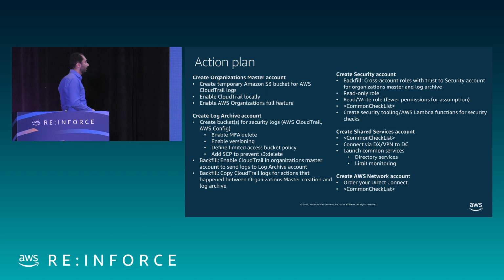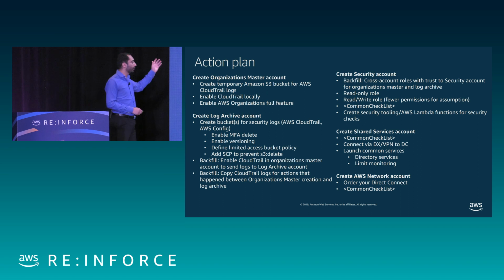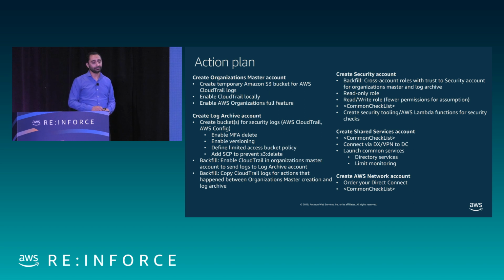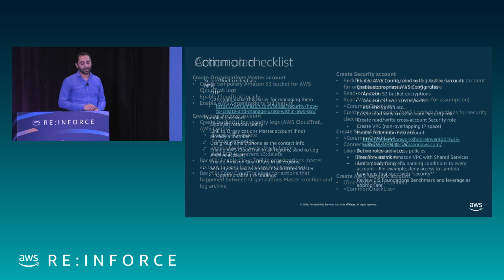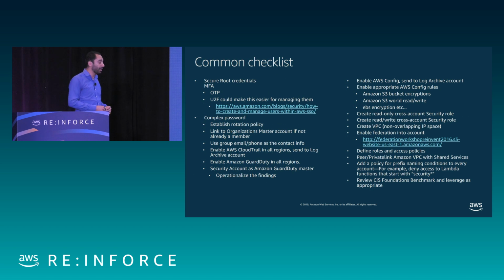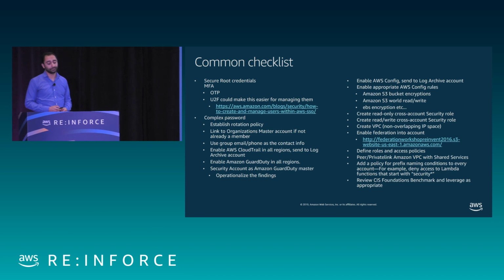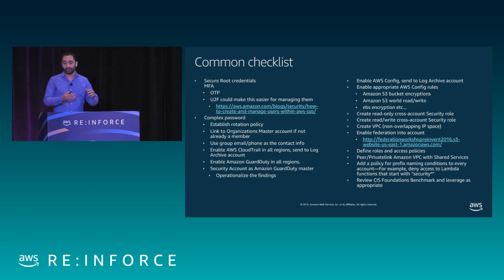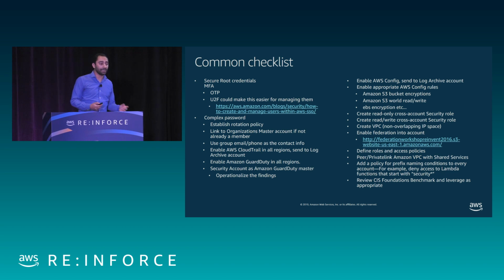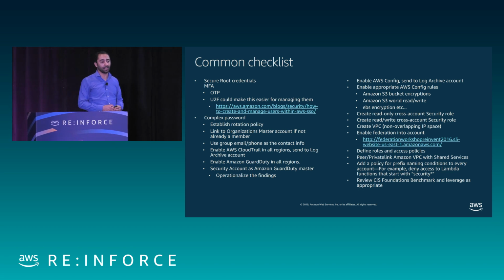For my log archive, enabling my MFA delete, enable versioning, limited access, setting all of that stuff up in place. And then for every single one of the accounts, there's a common checklist in addition to the individual things that you've seen there. You've seen it referenced in the last slide. Enabling MFA. Making sure that those logs I mentioned, my CloudTrail logs, are going to the right place in the log archive account.